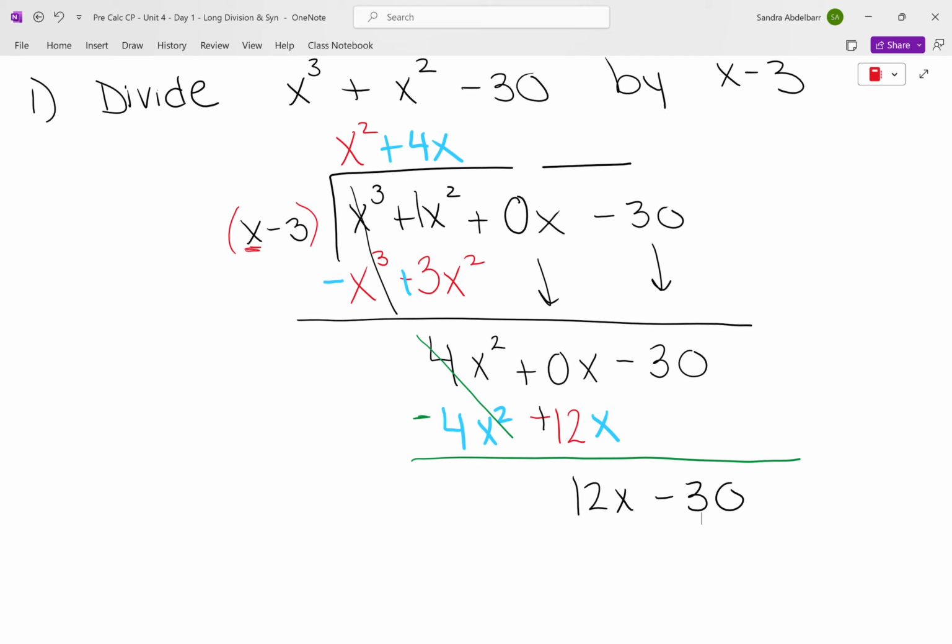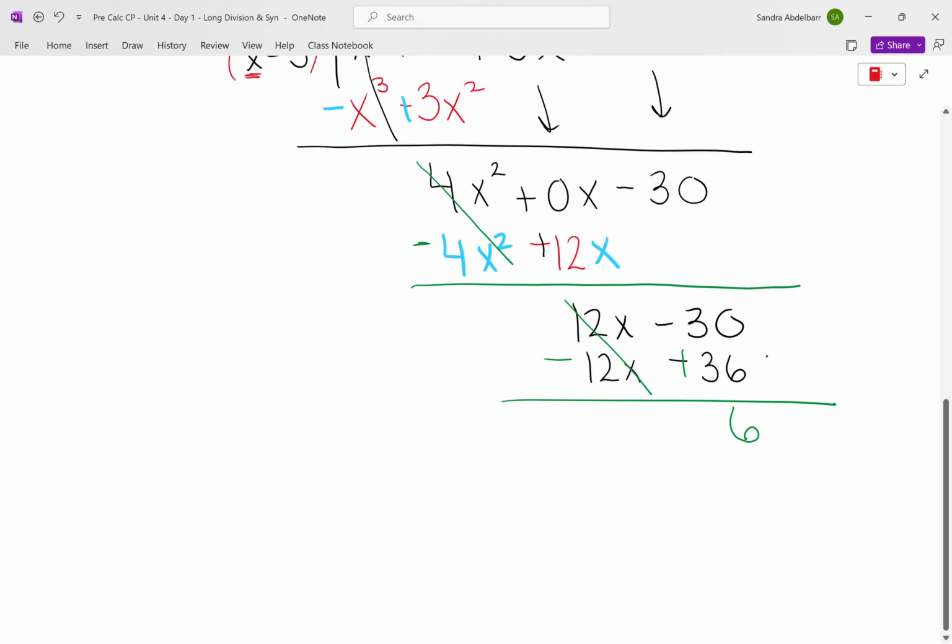Okay, so x times what will give us a 12x? 12. So this is plus 12 up there. So we're going to have 12x and then a minus 36x, minus 36. And then we're going to do the opposite signs. The 12x's cancel and we're left with a positive 6.